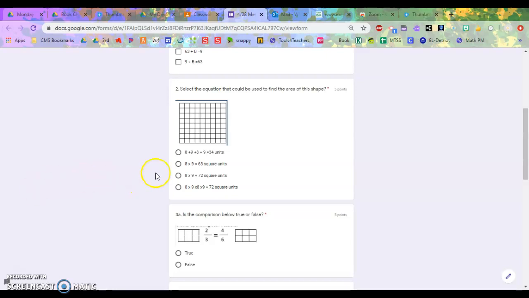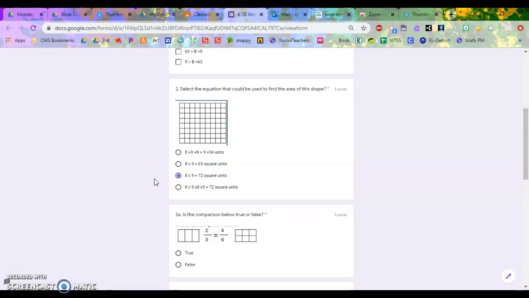I see 8 times 9 at this answer and 8 times 9 at this answer. The difference is the product. This product says that 8 times 9 is 63. This product says 8 times 9 is 72. So for those of you who chose 8 times 9, that was correct. But you had to choose that 8 times 9 equals 72.